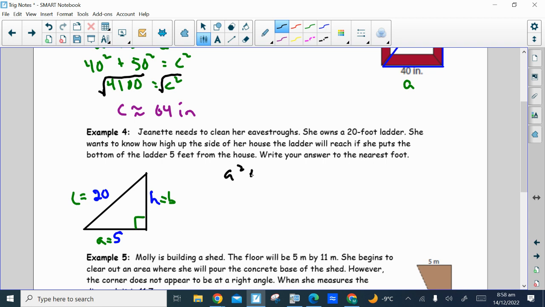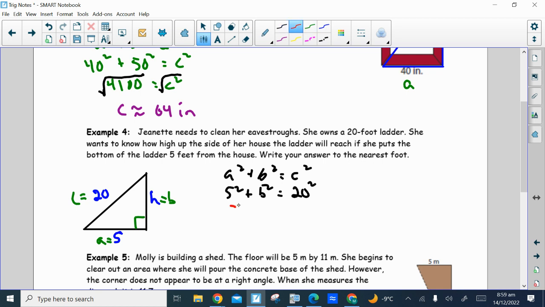But we always start with the Pythagorean relationship. I said that little a was 5. And c is 20. On the video, he squared the numbers first and he subtracted them from both sides.